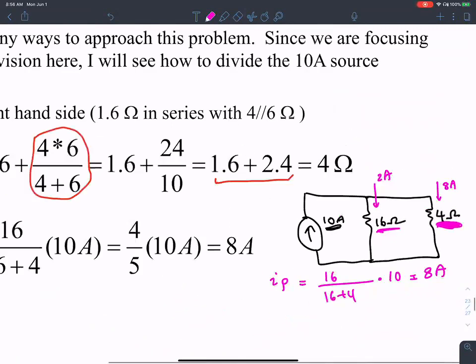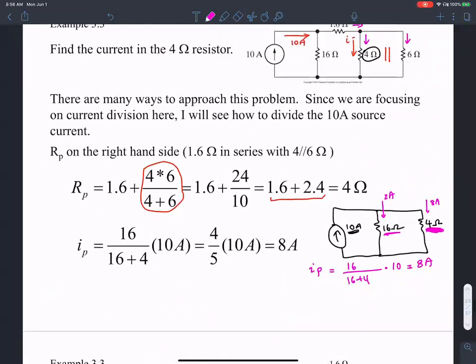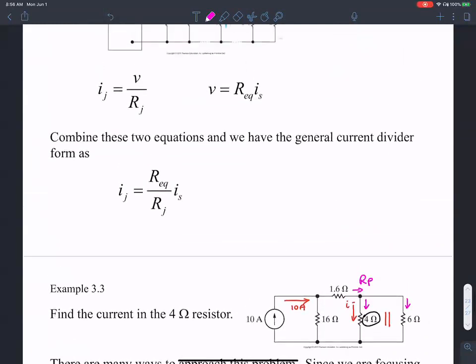How did I get that? Simple current division. To find IP, remember, current is divided as R2 over R1 plus R2 times 10 amperes.